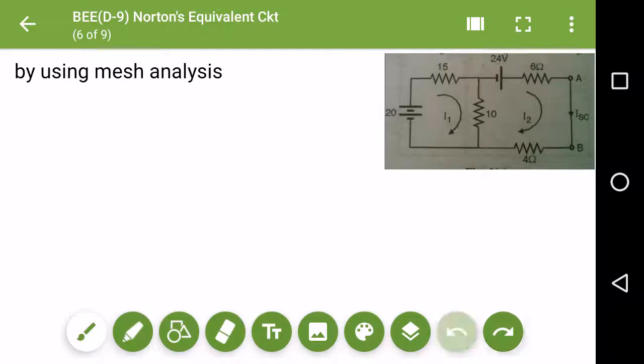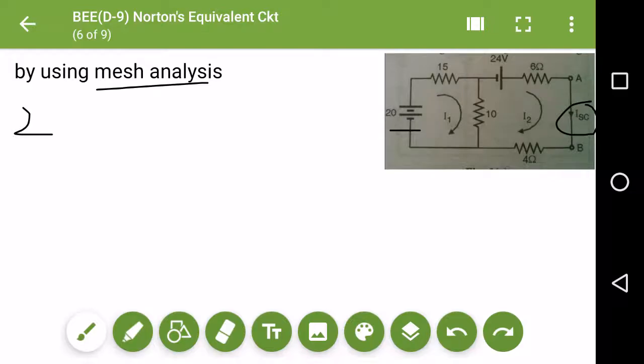To find the ISC value, I will just use the mesh analysis technique. To write the first equation of the loop, always write the first value of the voltage source, start from the voltage source.